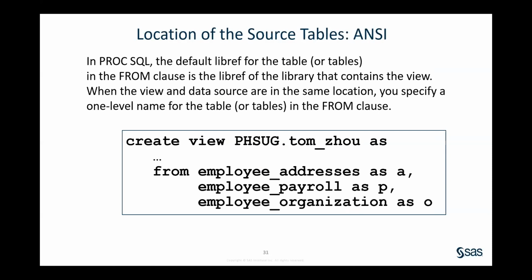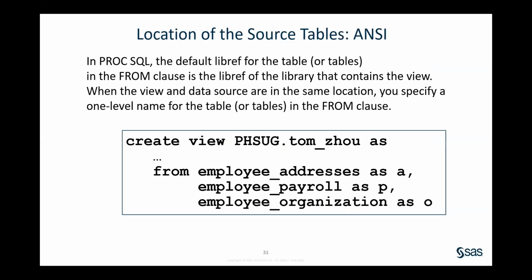So SQL in Proc SQL says the default library for the view, for the tables, excuse me, the addresses table, the payroll table, the organization table is the same location as the view. So it's called co-located tables, which means I can skip putting in the library references on the from clause.